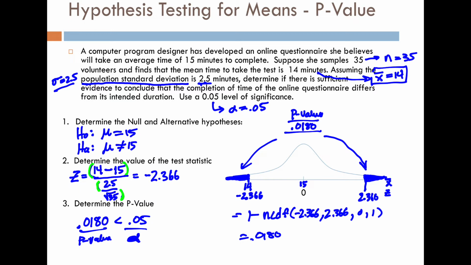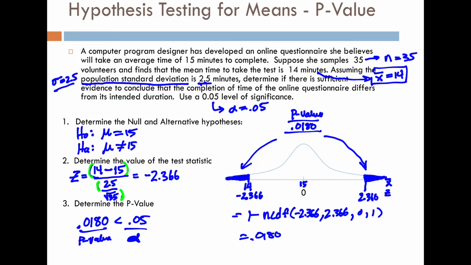And so what we assume then is that because of the low probability, it's more likely that the true population mean is not 15 minutes as we assumed. Otherwise, why did it only take an average time with 35 people? Why did that average time come out to be so much further to the left, 14 minutes, than our assumed 15 minutes in this case?